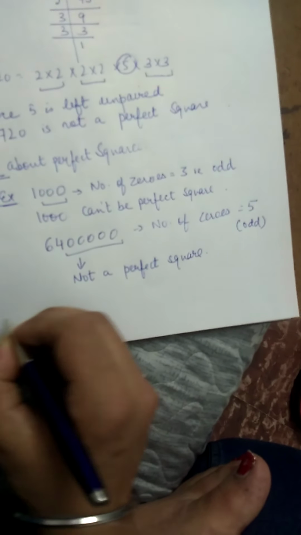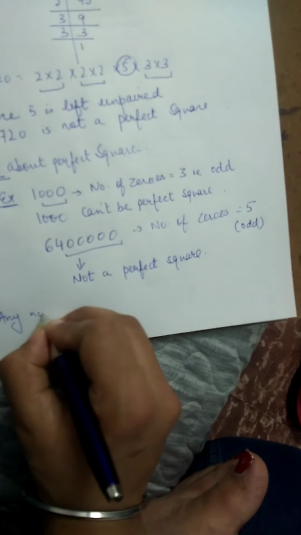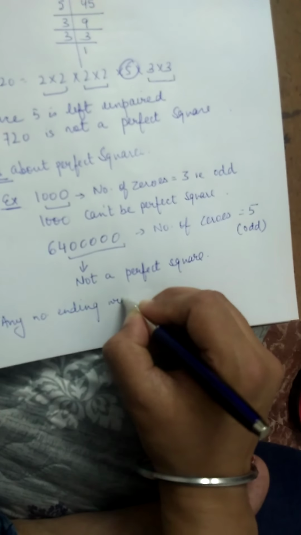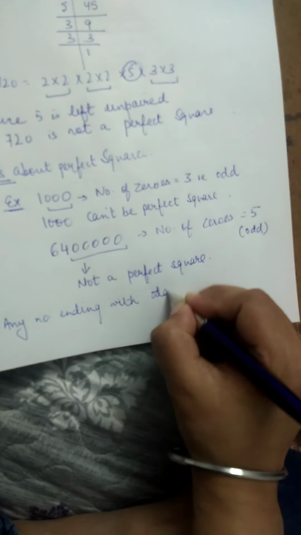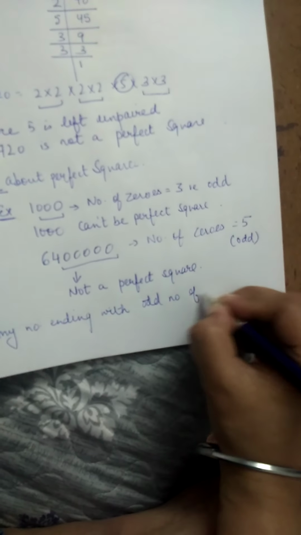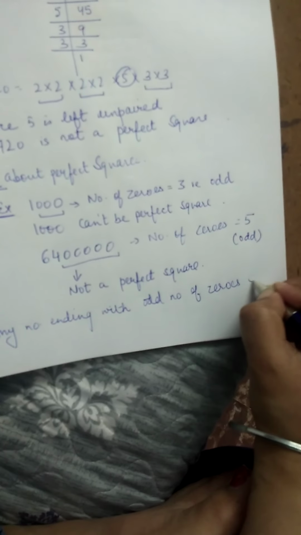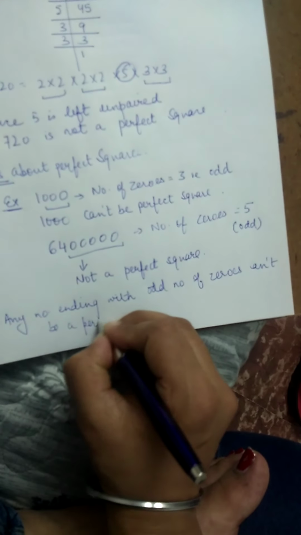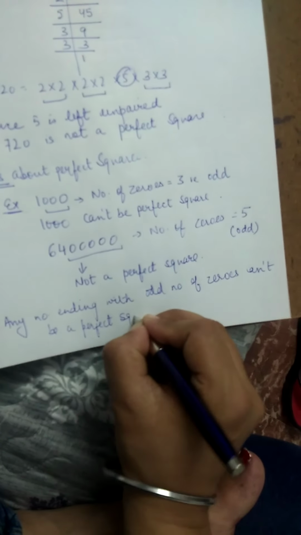So therefore any number ending with odd number of zeros cannot be a perfect square.